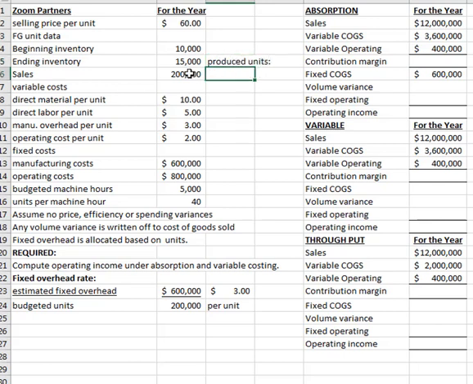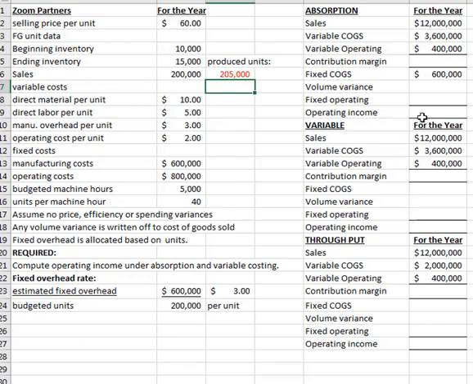So you can tell from here that finished goods inventory went up by 5,000 units. And the only way to increase it is to produce more than you sold. So we must have produced 205,000. And so that 5,000 additional units more than what we budgeted will give you a volume variance times this $3.